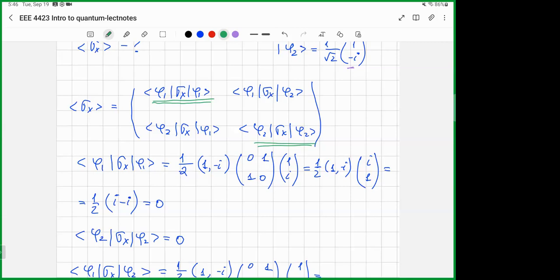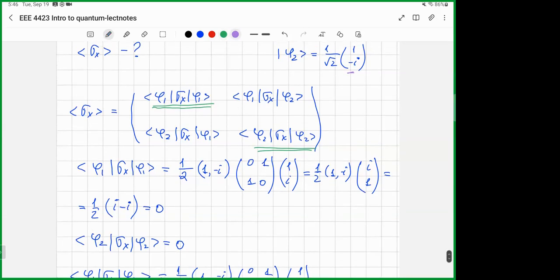But these off-diagonal elements have a slightly different meaning. They give us the expectation value of transition from one state to another state. Okay, for example, this phi1 sigma x phi2 corresponds to the transition from state phi1 to state phi2.